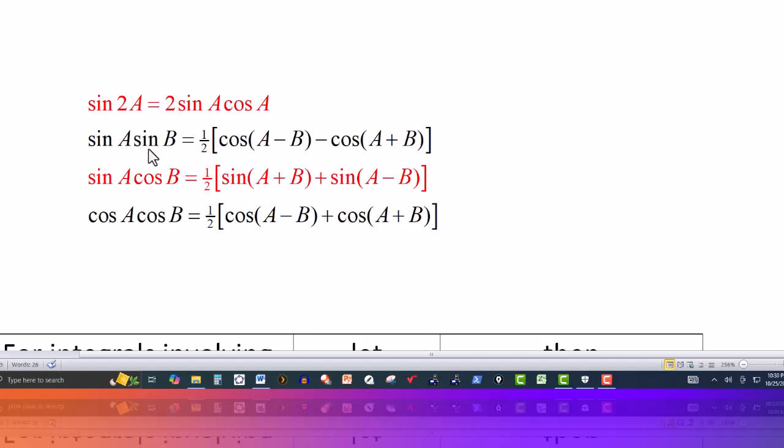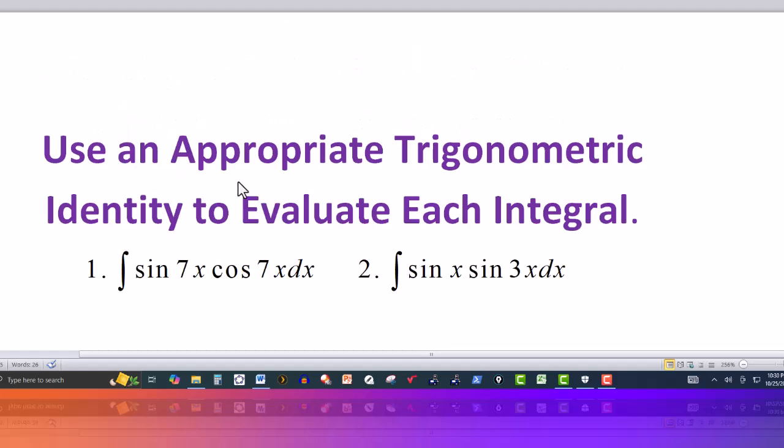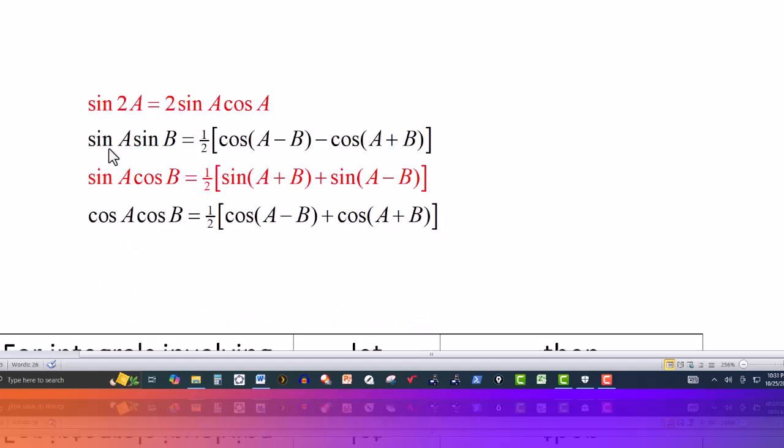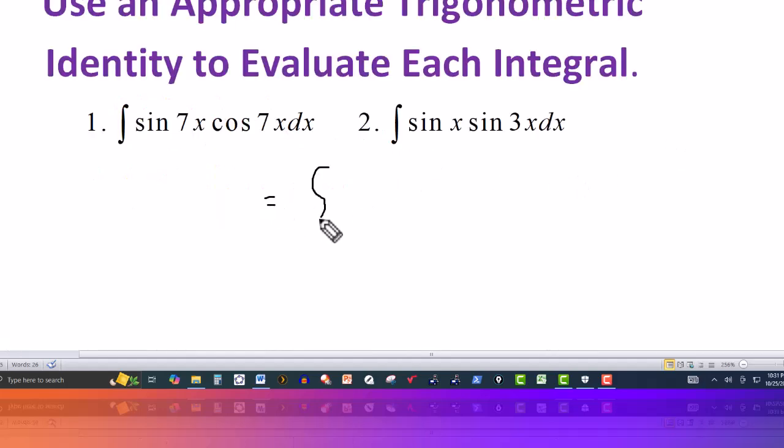So for this one, it's sine and sine here. I had it in red, but no, this one has sine, so I got to use the other one. I'm going to use this one right here. So if you have the product of sine of some angle a times sine of another angle b, it can be expressed as a difference right here. So it's 1/2 cosine of the difference of the two angles minus cosine of the sum of the two angles. So then this would equal the integral of 1/2, and it's the cosine of the difference of the two angles.